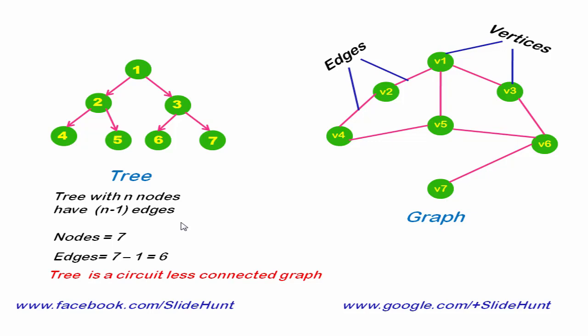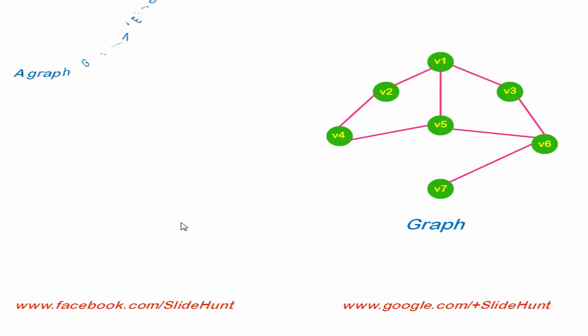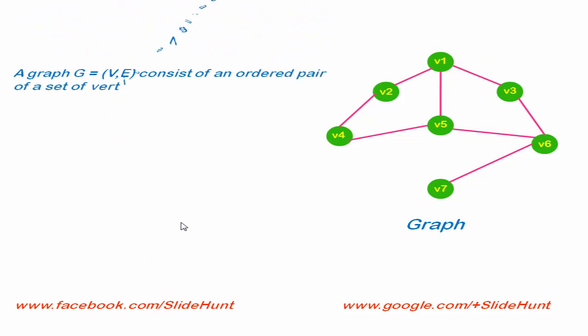But what is its actual definition? A graph G = (V, E) consists of an ordered pair of a set of vertices V and a set of edges E. Ordered pair means a pair of mathematical objects or elements in which the order is important. For a graph, an ordered pair can be written as something like this, within parentheses (V, E).